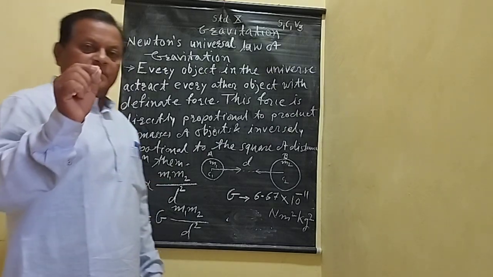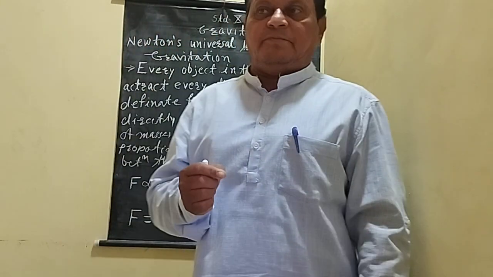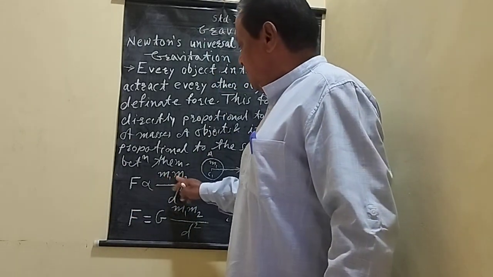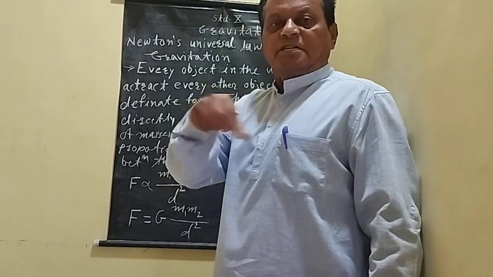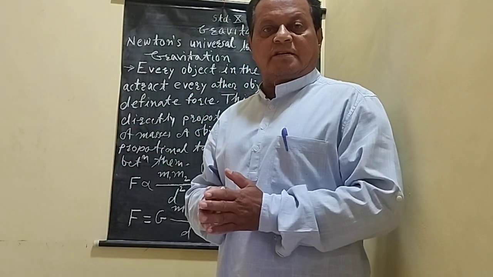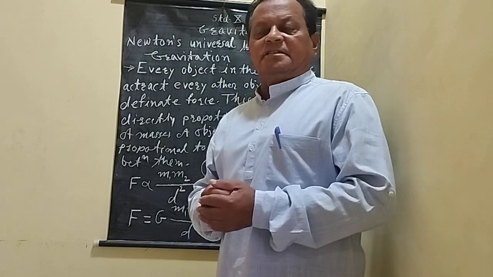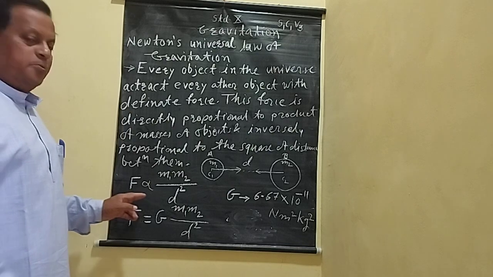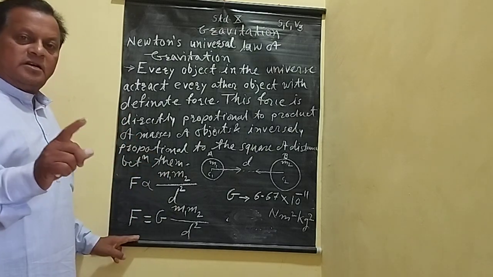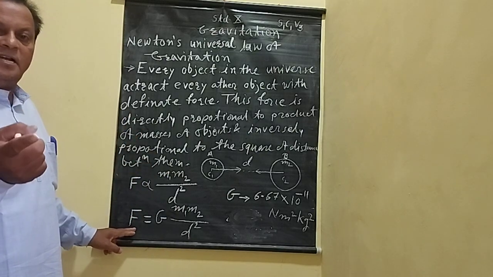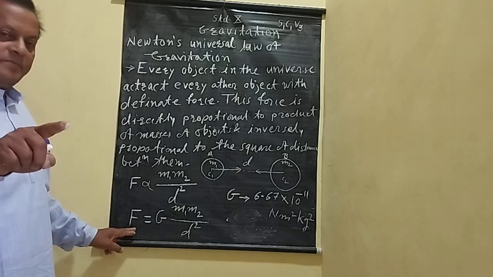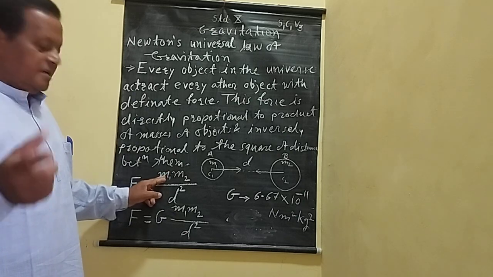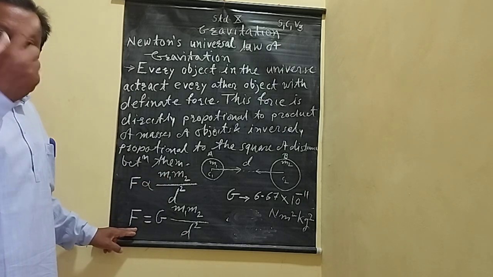Suppose the mass of one object is doubled. m1 m2 हा प्रोडक्ट आहे मासचा. यापैकी एकाचं मास डबल केलं, मग लहानचं करा की मोठ्याचं करा. एखादं मास जर डबल केलं तर the value of F will also be double. एफची व्हॅल्यू सुद्धा डबल होईल हे लक्षात घ्या. एका ऑब्जेक्टचं मास जर ट्रिपल केलं तर एफची व्हॅल्यू सुद्धा ट्रिपल होईल.